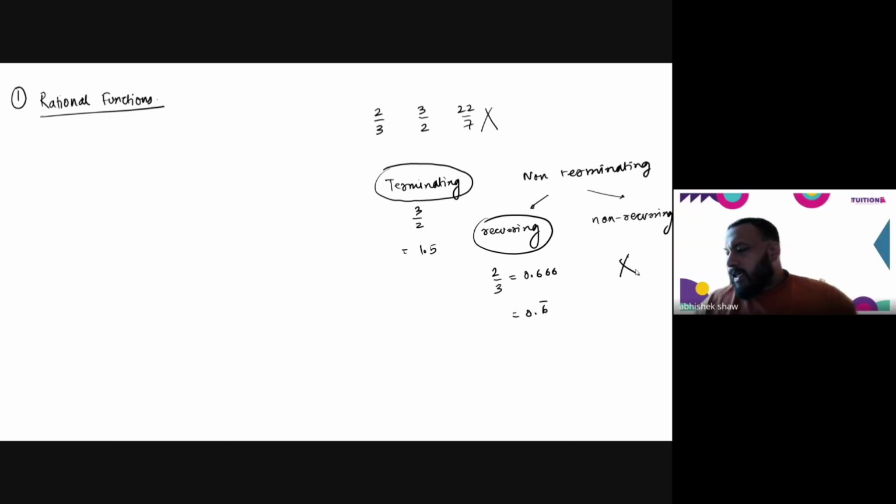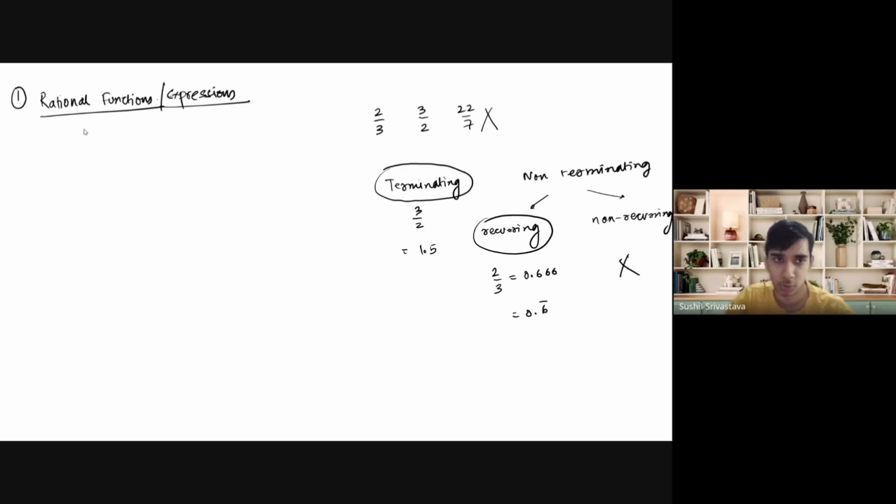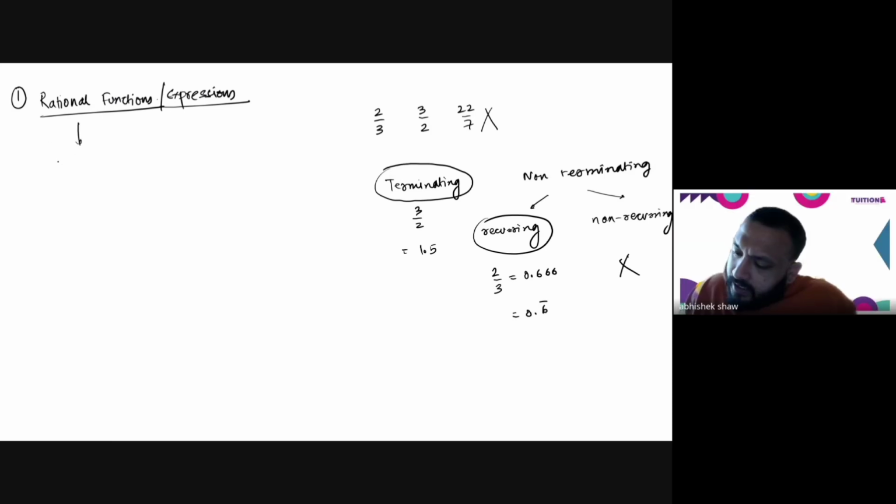Now, what does this have to do with rational functions or rational expressions? Let's understand that. When I say rational expressions or rational functions, what I mean is a rational expression is basically an algebraic function where numerator and denominator are polynomial functions.